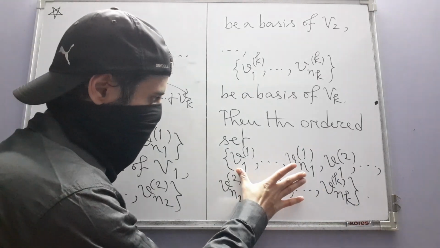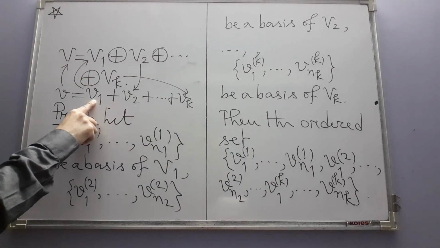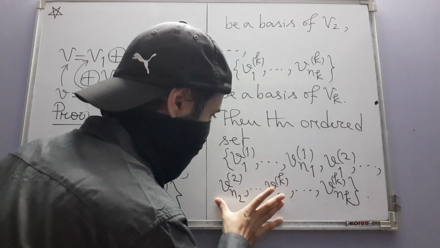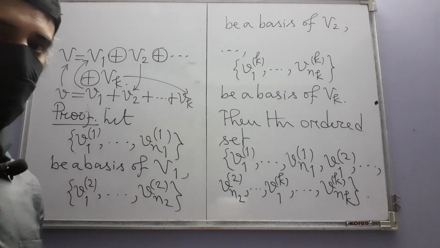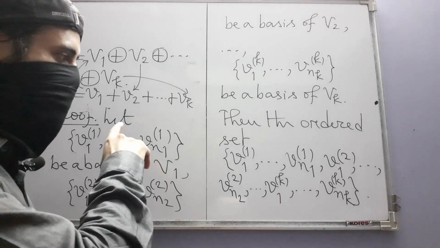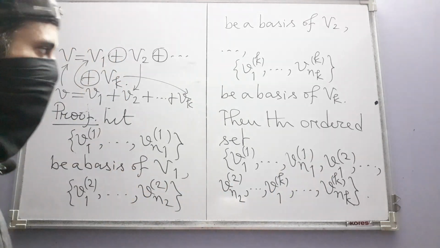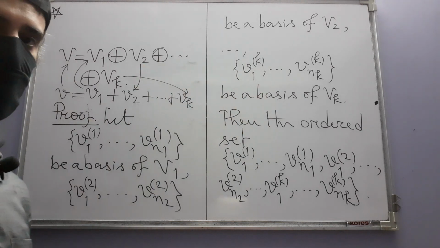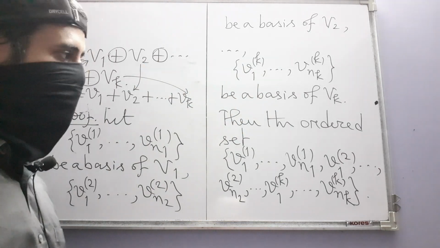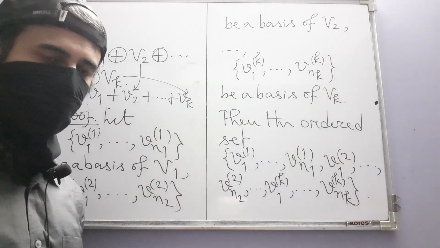You imagine this part of the linear combination as one vector V1, this part of the linear combination as another vector V2. Okay, so that way you see that your linear combination is, after all, a sum like this. You have set that equal to 0. 0 can also be expressed as 0 plus 0 plus 0.